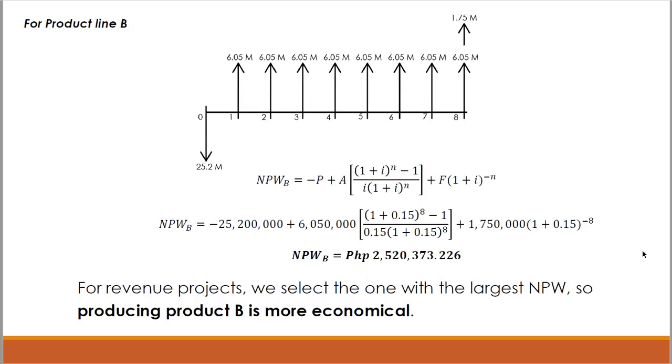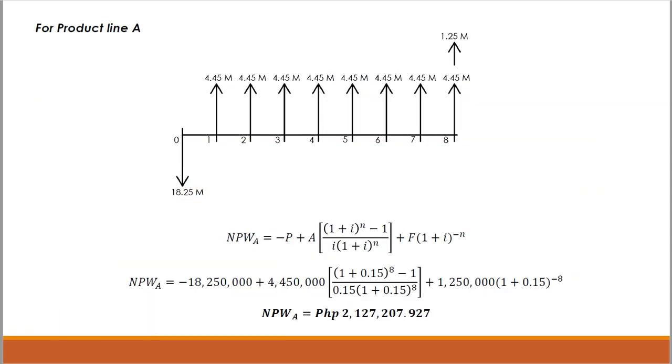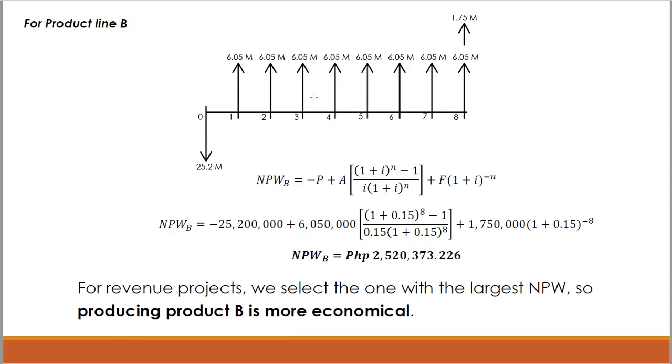And then, for product line B, ito naman yung ating cash flow for product line B. So, we have an initial investment of 25.2 million. Okay, again, that is the sum of the warehouse modification and the equipment cost. Okay. And yung ating annual revenue, net gains natin is the difference, again, the difference between the annual revenues and the annual cost.